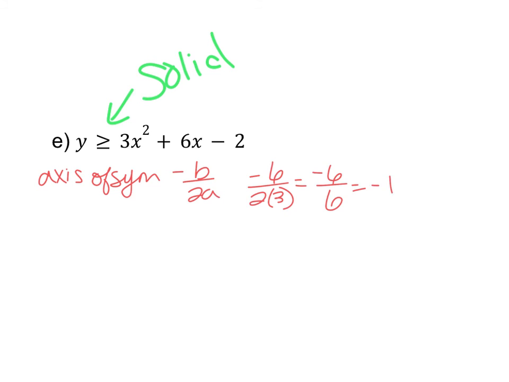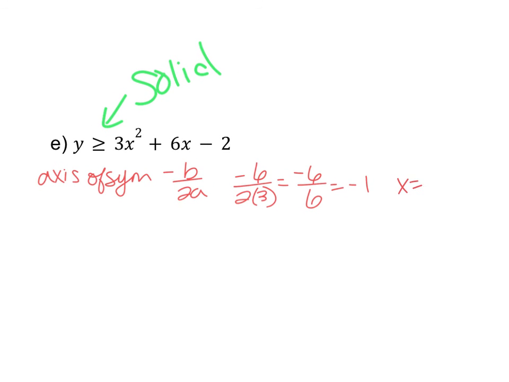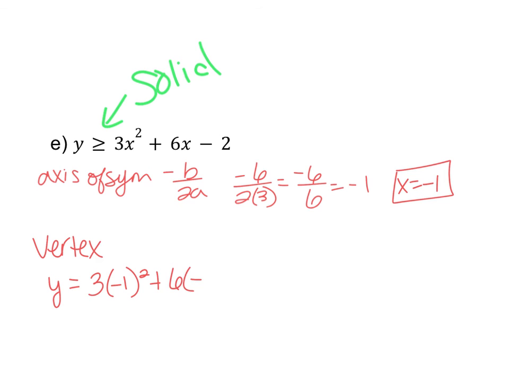So we have x equals negative 1 again, for like the 5th time in this video, it feels like. Okay, then find our vertex. So y equals 3 times negative 1 squared plus 6 times negative 1 minus 2. And that gives you negative 5. Okay, so our vertex would be at negative 1 comma negative 5.